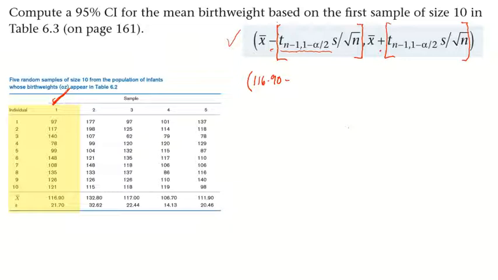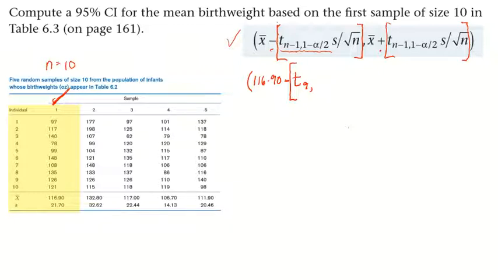So what is this t sub n minus 1? Our number of samples here is 10. So therefore, this is a t distribution. Let me put that in a parenthesis. Minus a t distribution with 9 degrees of freedom. And what will be our percentile? What's 1 minus alpha over 2?